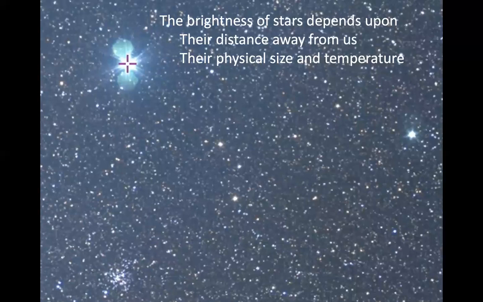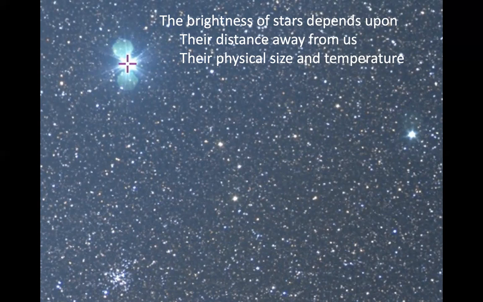And specifically, I want to start by focusing on what determines how much light we get from different objects, specifically stars, simply because those are nice, discrete objects that we can see a lot of. And the thing I want to emphasize right now is that the amount of light we get from stars depends on a couple of different things.